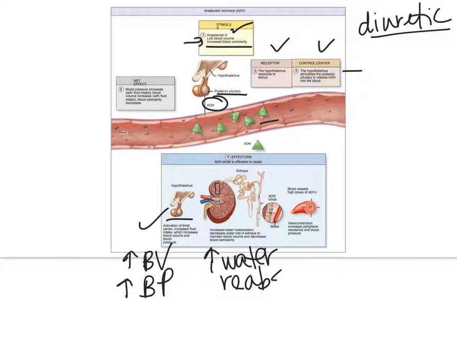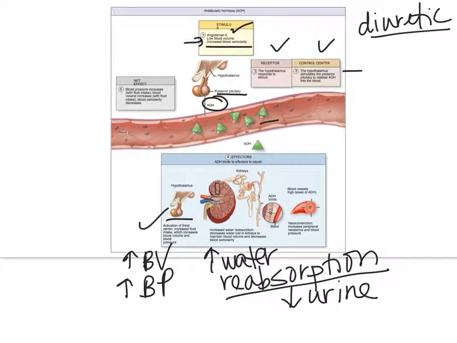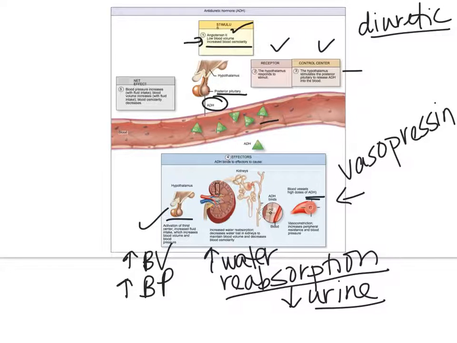If we increase water reabsorption, your urine output is going to go down. Antidiuretic hormone is also known as vasopressin. Vasopressin will cause the blood vessels to constrict, and that'll increase your blood pressure. So all that's going to lead to an increase in blood pressure.